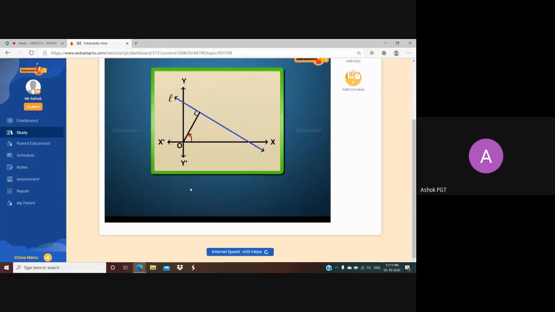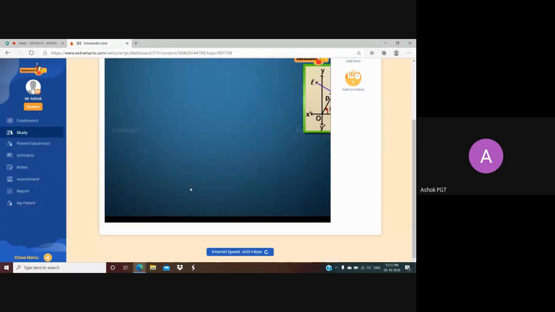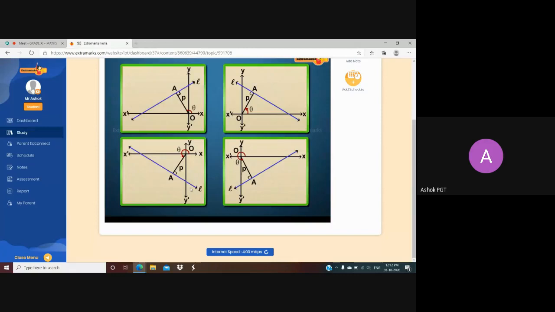Let L be the line whose perpendicular distance from the origin O be OA equals to p, and its normal, that is OA, makes an angle theta with the positive x-axis. The possible positions of line L in the Cartesian plane are shown. Now we want to find out the slope of L and a point on it.